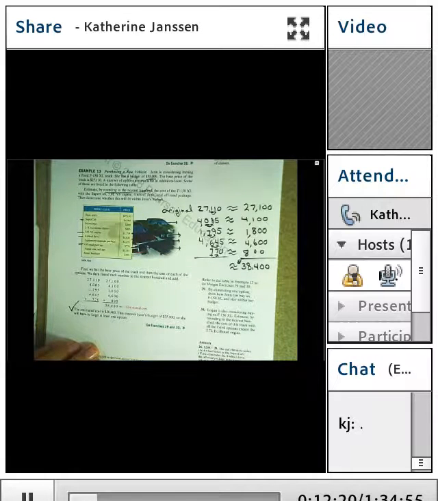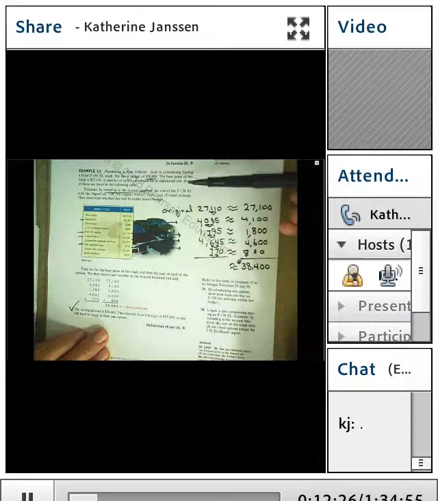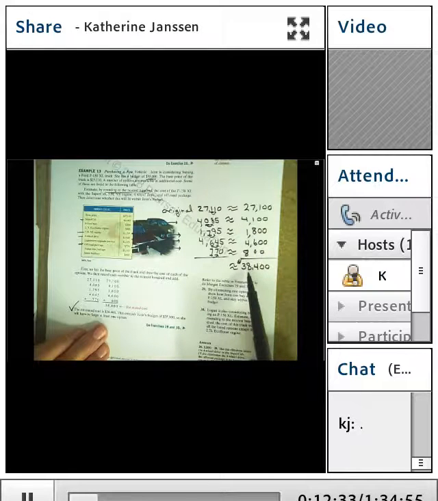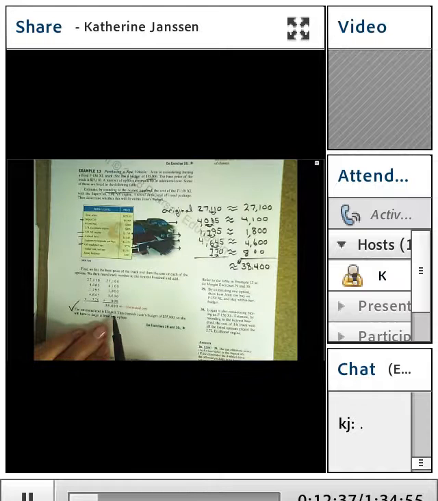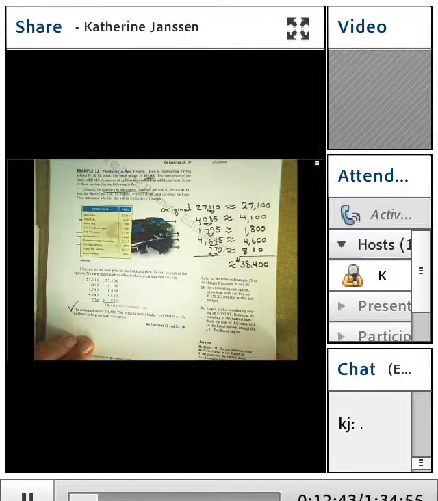Notice that we're stating our answer in sentence form, responding to the question of the application problem. We calculated the estimated total price at 38,400. This does exceed Jen's budget of 35,000, so she will have to forego at least one option, maybe more.